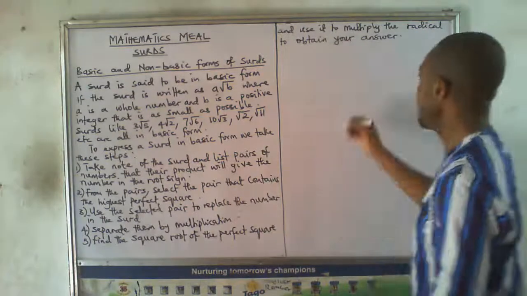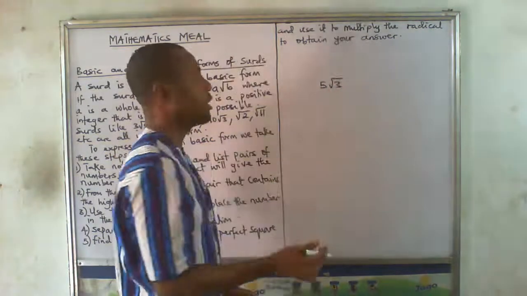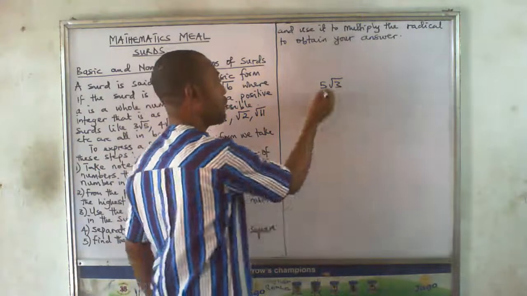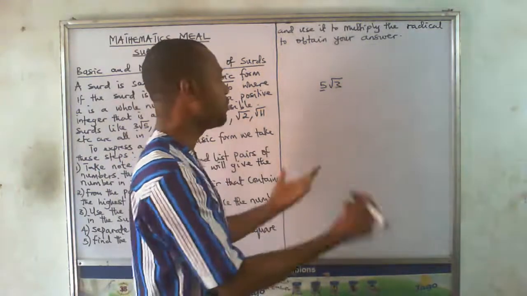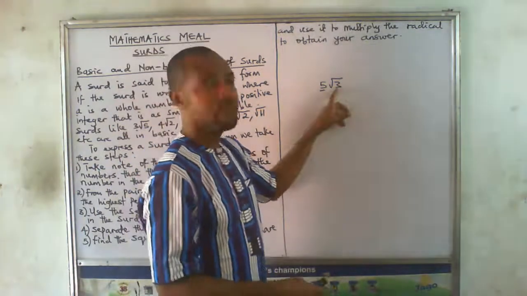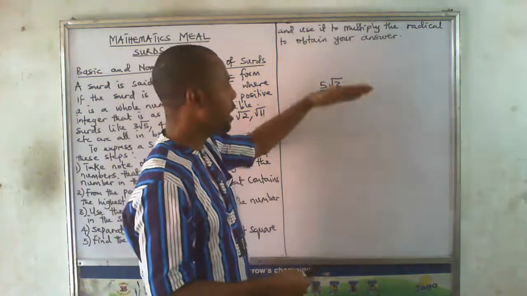For example, if I have 5 root 3, this surd is in basic form because 5 is a whole number and 3 is a positive integer that cannot be reduced further. You cannot split 3 again. So you can't reduce 3 any further.